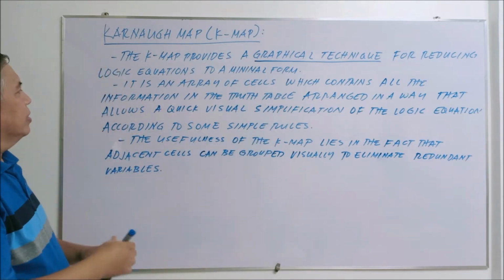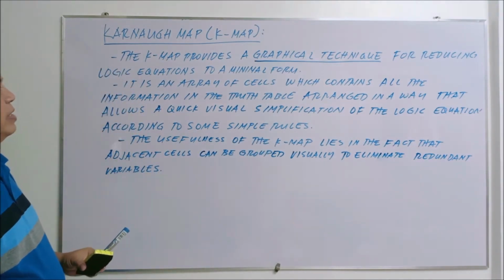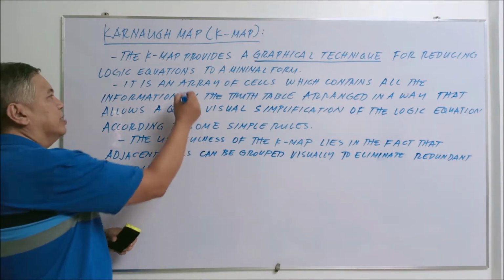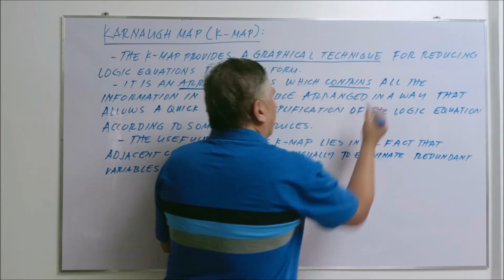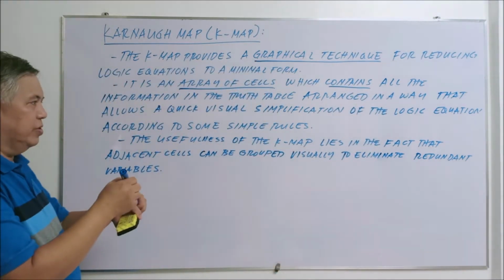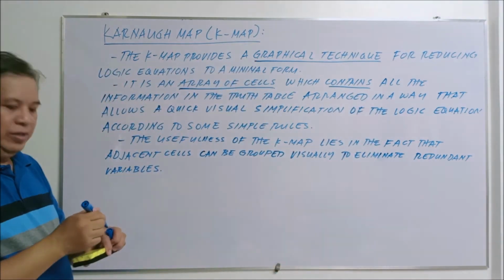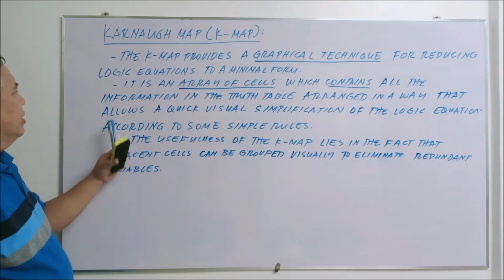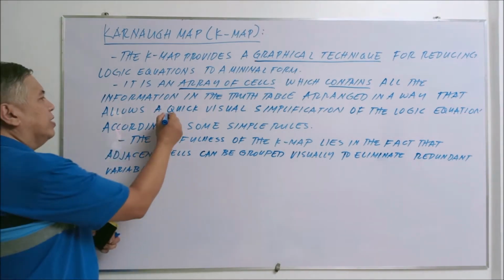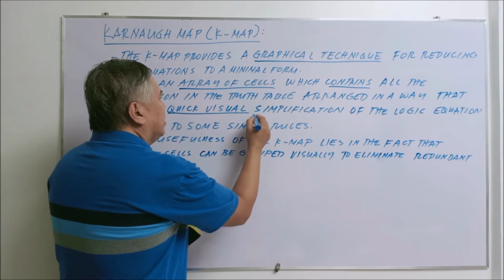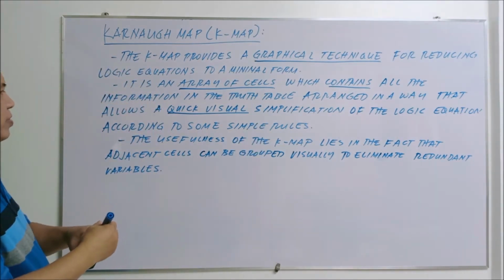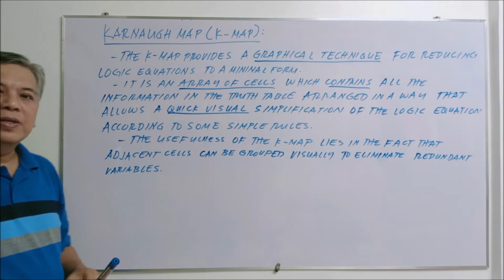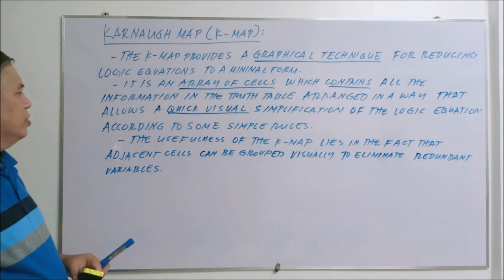Okay? So, a K map is an array of cells which contains all the information in the truth table, arranged in a way that allows a quick visual simplification of the logic equation according to some very simple rules.